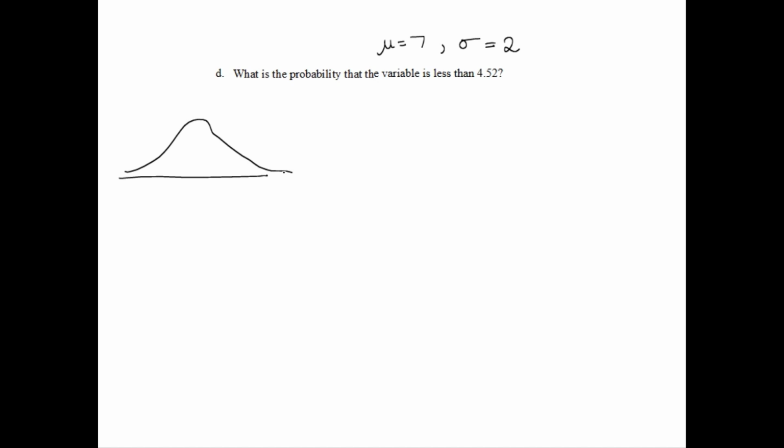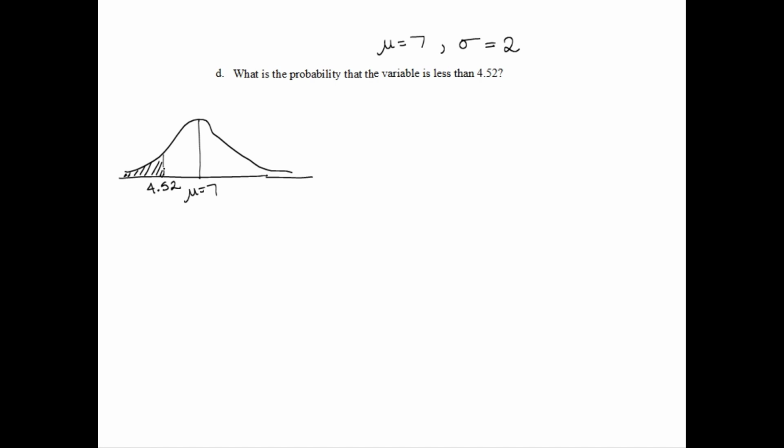It really helps you to combine the areas in the correct way because there are several different possible things that can happen. So we have a mu of 7. 4.52 will be to the left. You want to make sure that your x values are on the correct side of your mean. So that's the area that I want.